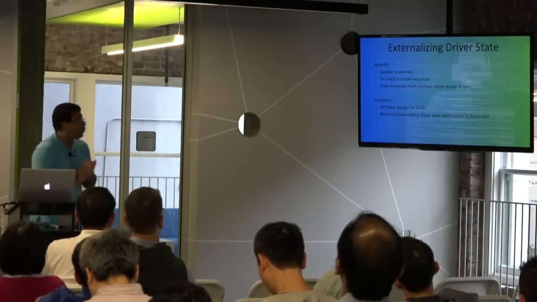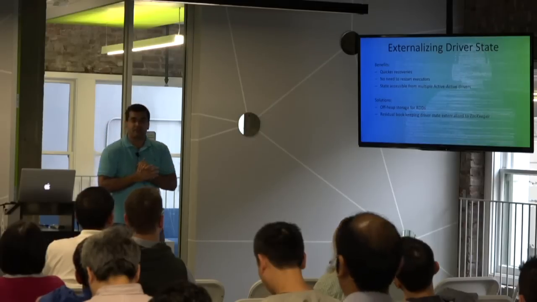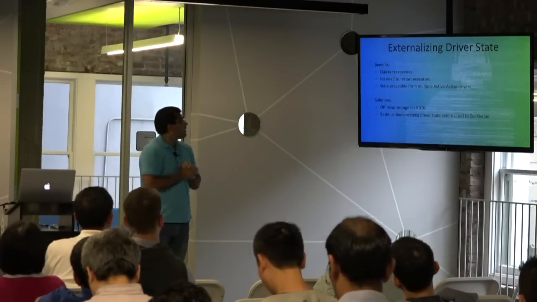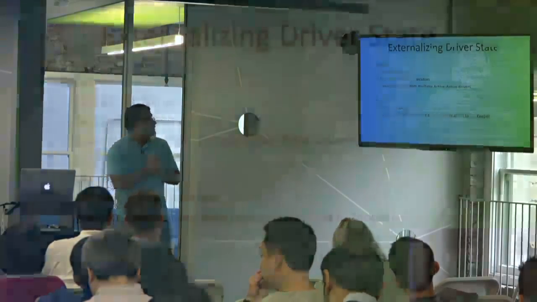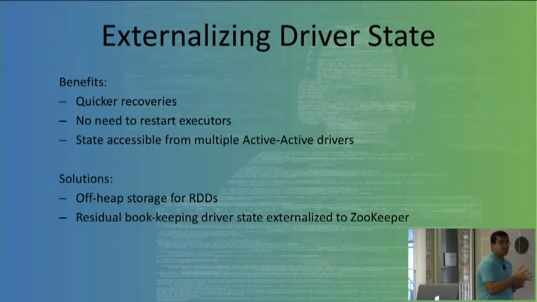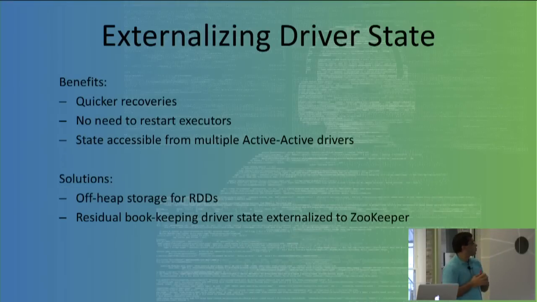Now, what if we externalize this driver state? Let's say we are able to magically put all this state in some external source. What are the benefits we get? We would be able to very quickly recover from even driver failures.